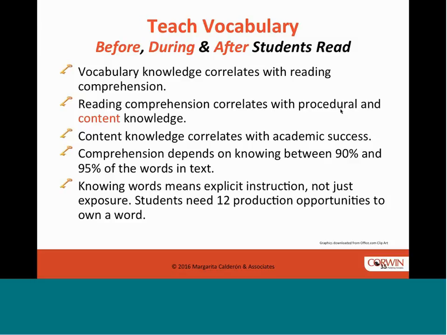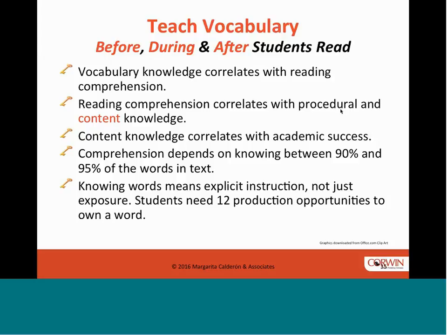However, comprehension depends on knowing between 90 to 95% of the words in a text. Moreover, knowing words means explicit instruction, not just exposure. Students will need 12 production opportunities to own a word, even at the pre-teaching stage. Later, as they begin to read, they will learn more words.